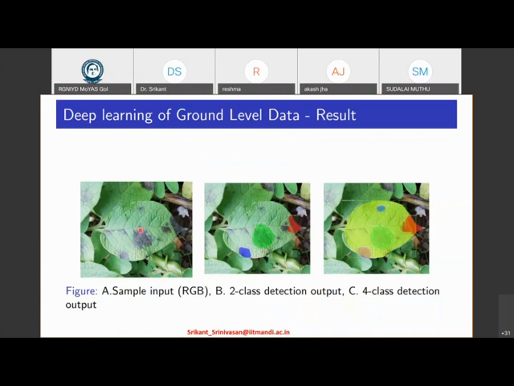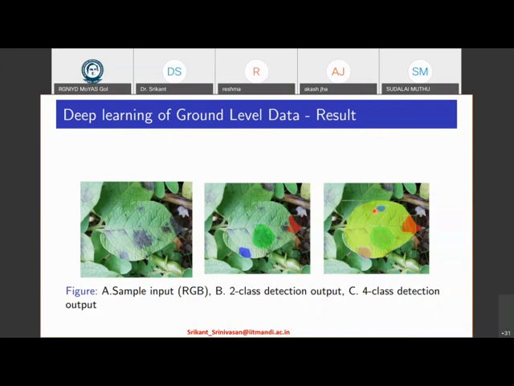Like when we initially started doing this classification, we had a two-class model. This is called a two-class model. That means it's either disease or no disease. And we noticed that the algorithm was many times mistaking the background soil for disease. So then we created a four-class model where we trained the algorithm to know that this is a leaf.